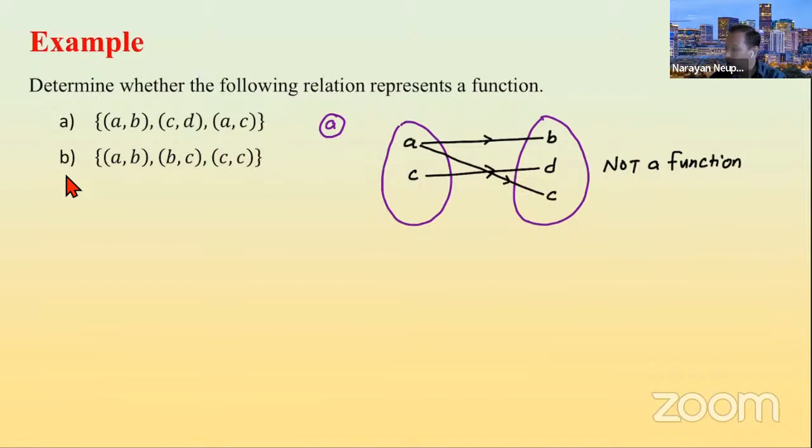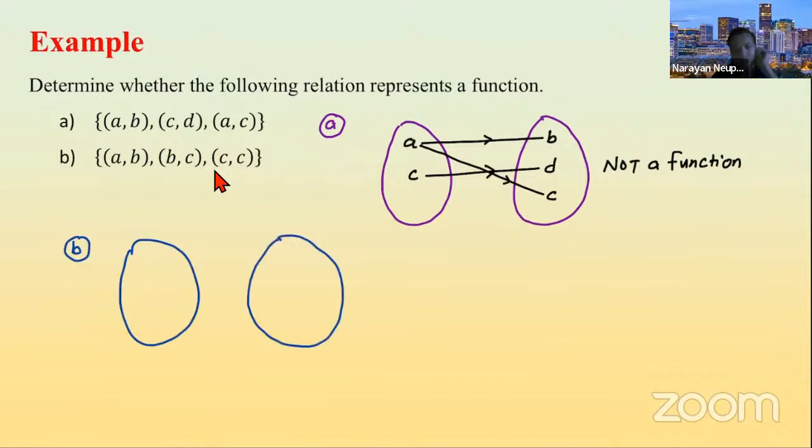Okay, let's move on to the second one, B. We're going to create the mapping diagram again. You can draw two groups like this. You can draw a perfect circle, you can draw an oval. It really doesn't matter, but you have to draw two groups to represent that.